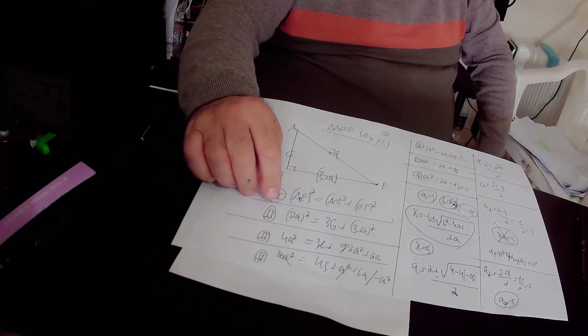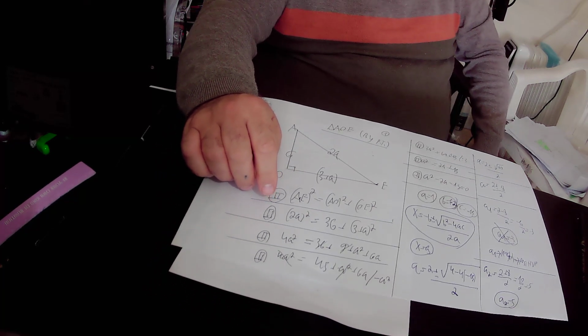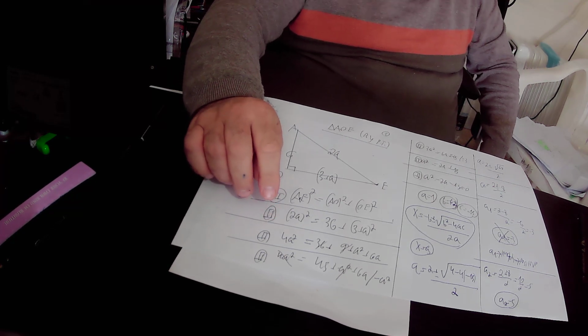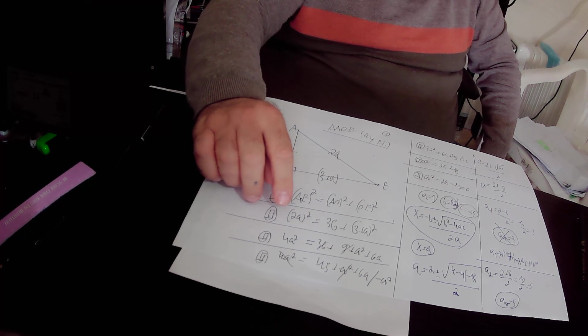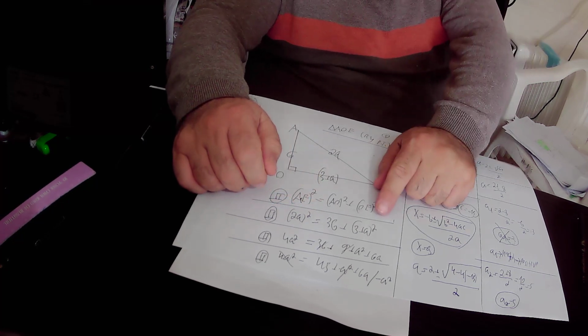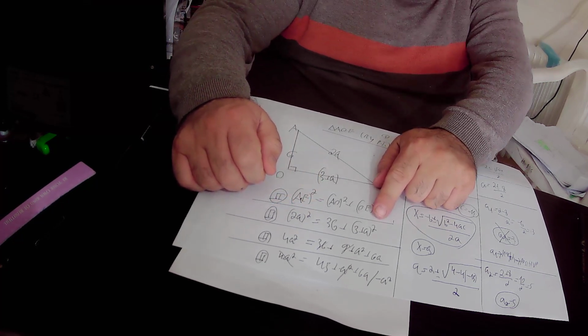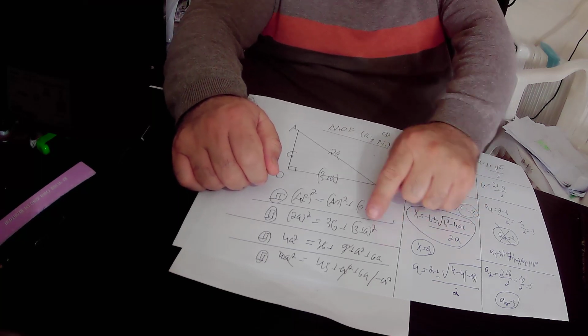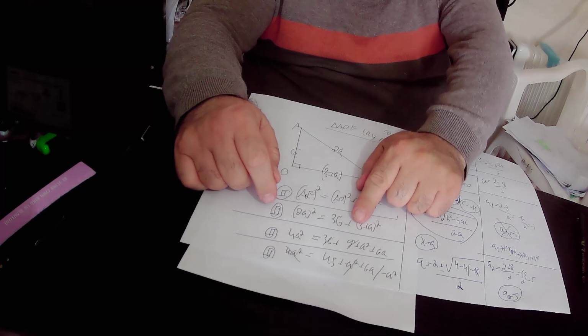We open the brackets on both sides of equation number 2. We found that (2a) squared is 4a squared, and 36. And we open the brackets here, (3 plus a) squared equals 3 squared, that is 9, plus a squared plus 6a. 36 plus 9 is 45.